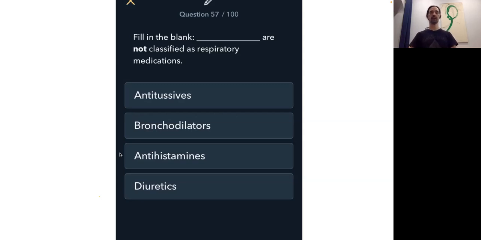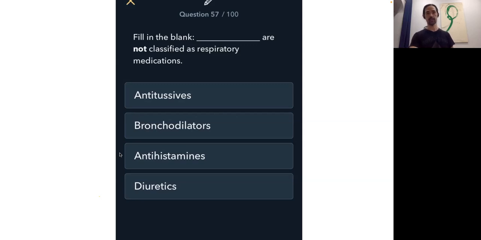And then bronchodilator, broncho refers to bronchi, the small features of the lungs which exchange gases. Dilation would be opening them. Antihistamine, stopping the histamine response. Often they also open the lungs, reduce phlegm, reduce swelling.